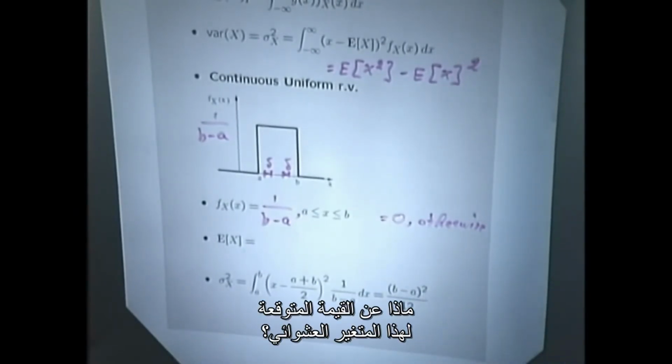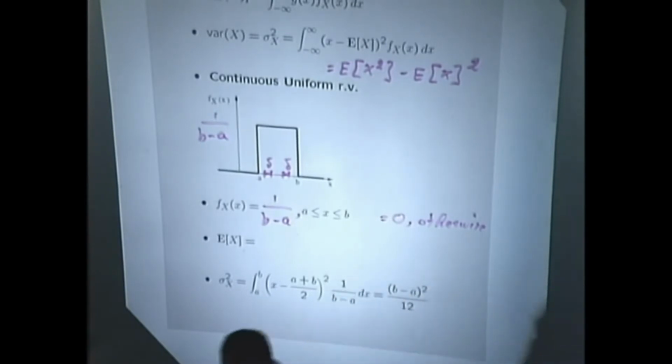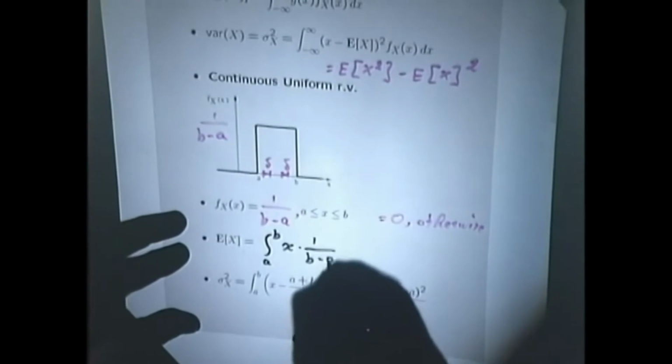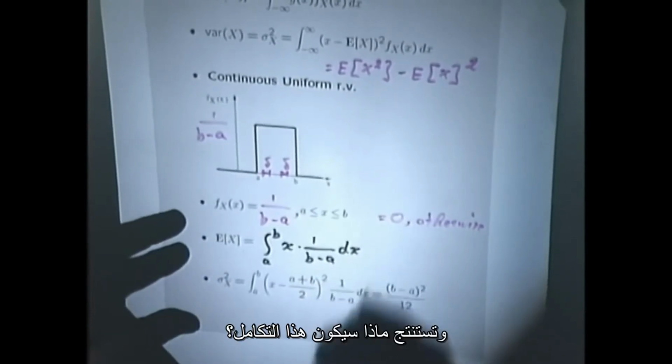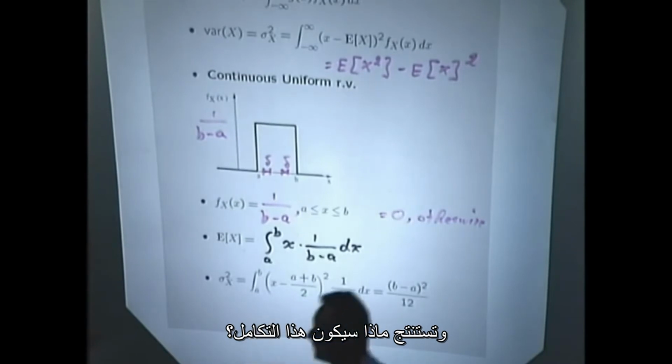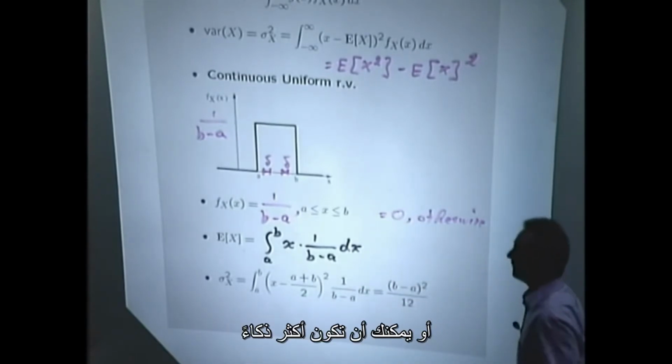How about the expected value of this random variable? You can find the expected value in two different ways. One is to start with the definition, and so you integrate over the range of interest x times the density, and you figure out what that integral is going to be. Or you can be a little more clever.